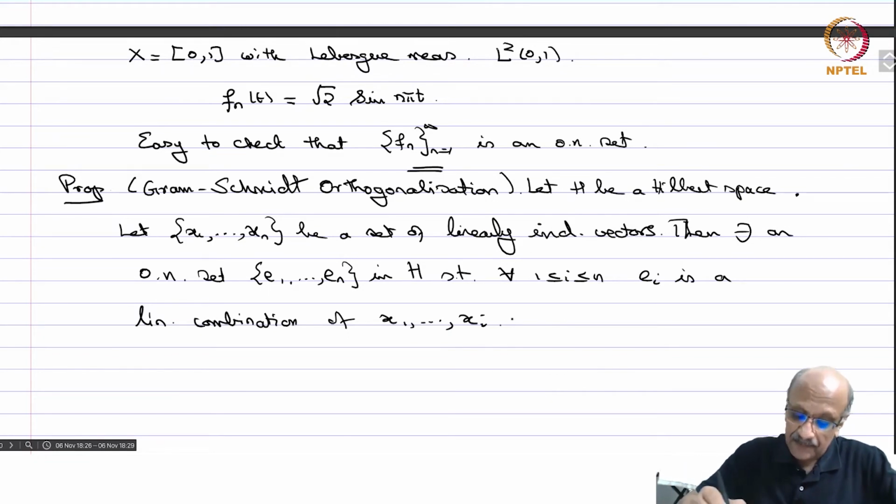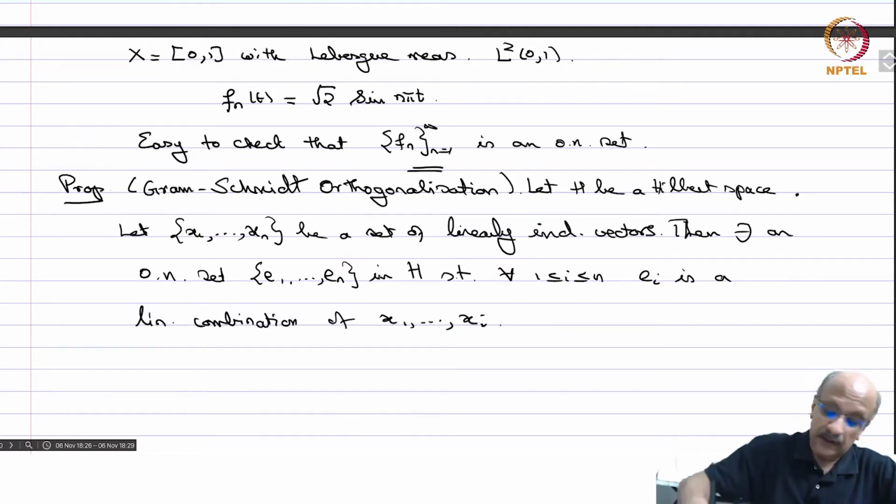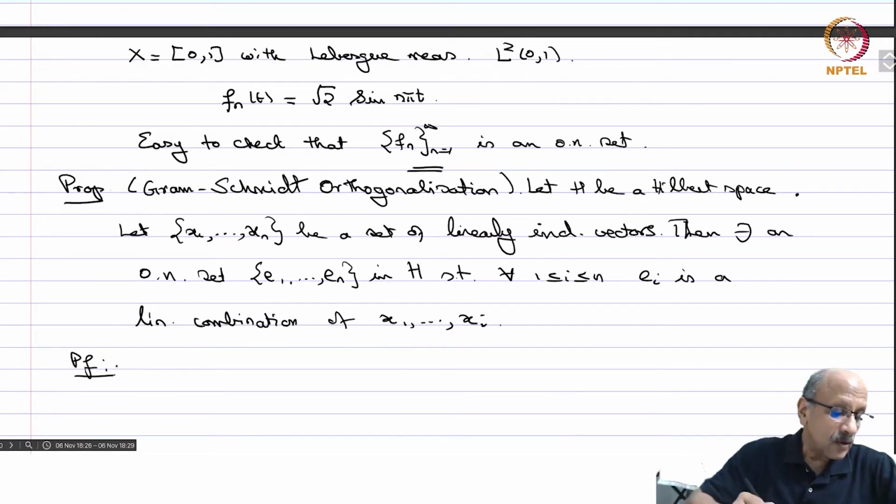So the span of e1, e2, ..., en is the same as the span of x1, x2, ..., xn, because each ei is a linear combination of the x1, x2, ..., xn, and therefore they span the same space. It's orthonormal, so it's also linearly independent, and therefore you have it. Okay, proof. So none of the vectors xi is 0, for all i. Okay, so x1 is not 0.